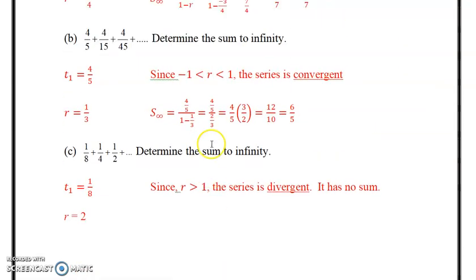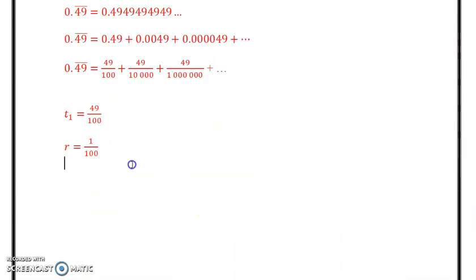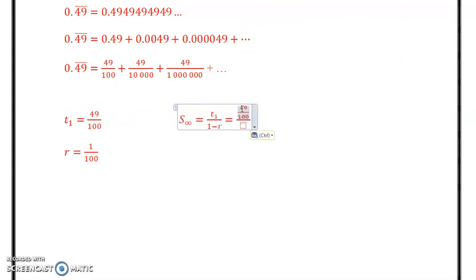Now we're answering the question. We've got our infinite sum formula that we just learned. This was the 7th formula on our sheet. We now have them all. We put our formula in and start entering our information. So we have numerator, denominator. In the numerator, we have the first term, which is 49 over 100.